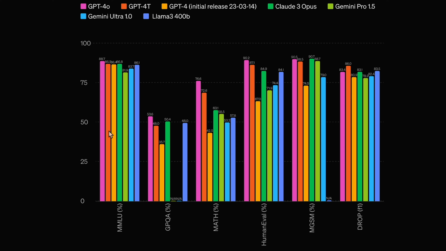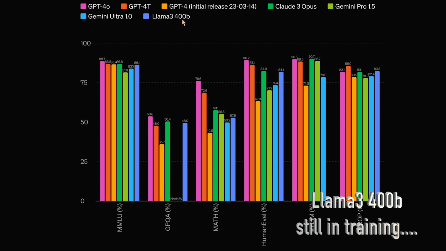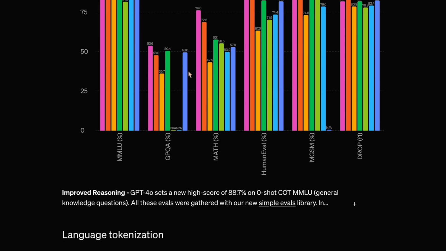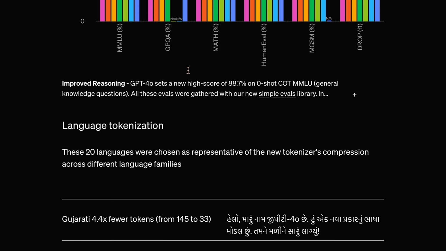In all the other tests, it beats GPT-4 Turbo. I mean GPT-4 Omni beats GPT-4 Turbo. As you can also see here, we also have the Llama 3 400 billion parameter model. So you are able to see the benchmarks of Llama 3's 400 billion model over here. It is pretty close to other models as well, but that is something which we'll be seeing in another video.